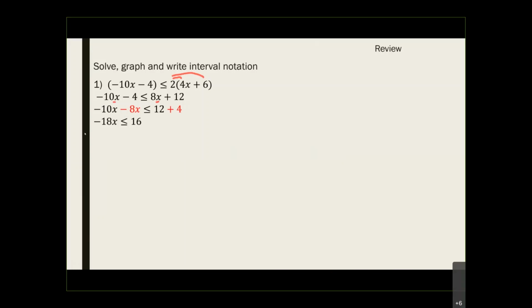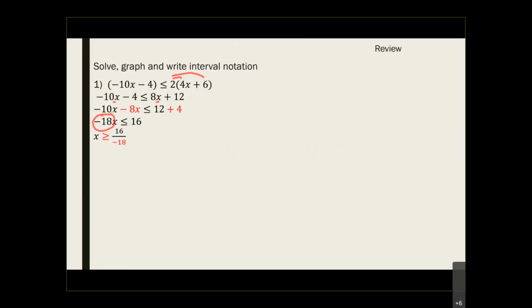Take a note, write a note for yourself. We know that we have to divide, right? And reminder, every time you divide by a negative number, in this case we have to divide by -18, your inequality switches direction, right?